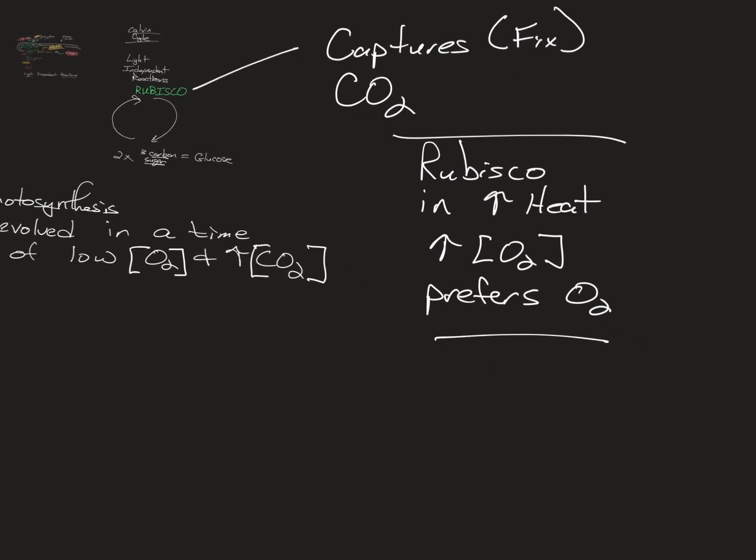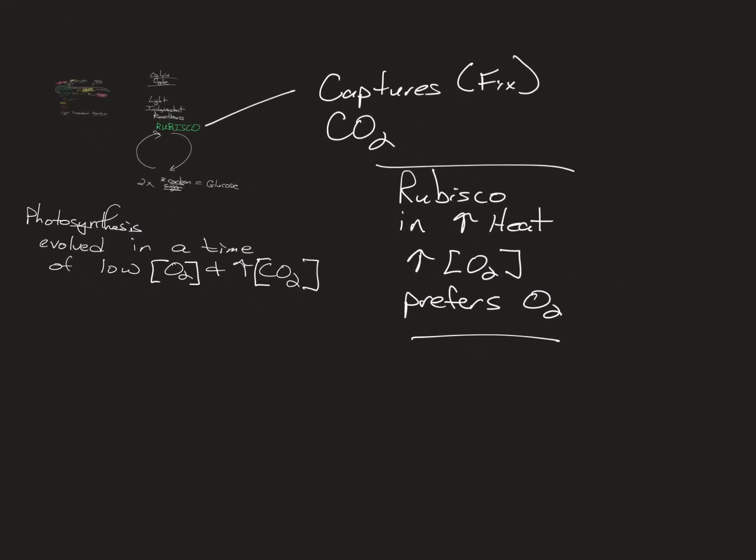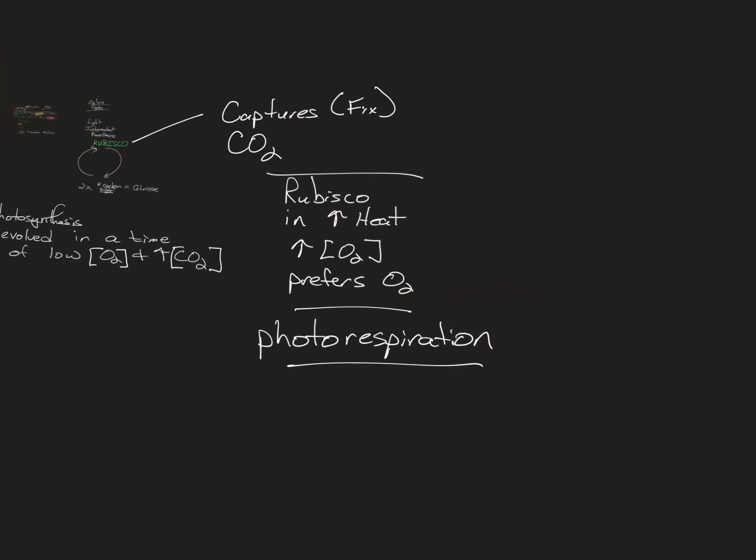When it captures oxygen, that's a waste of time. When it captures oxygen, it's called photorespiration, because of light, respiration. It does not use up energy, doesn't produce energy. It's time wasted. The more photorespiration you have, the less sugar, the less carbohydrates are produced.